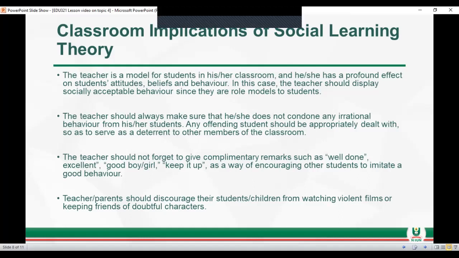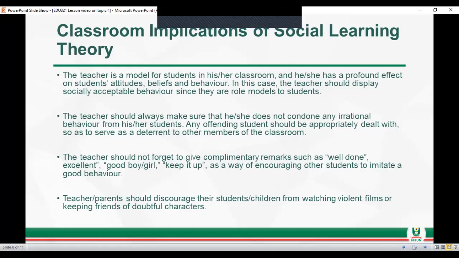During the discussion lesson on Skinner, we touched on the various positive strategies that you can use to modify a behavior. And we said teachers should avoid or reduce the use of corporal punishment, which is so frequently used in our society, in our classrooms and homes in Nigeria, most especially.